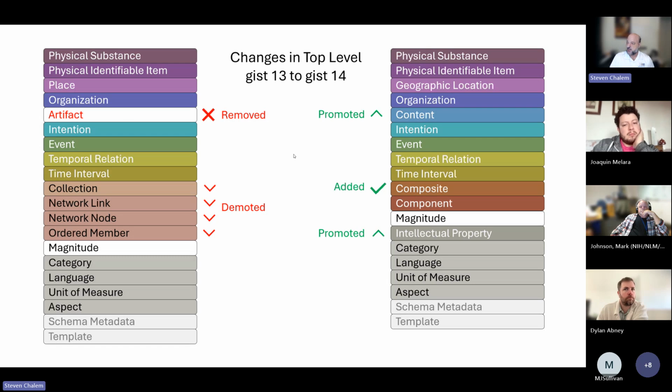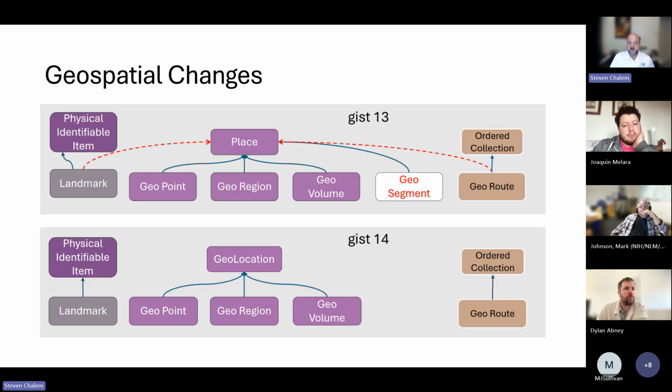The next big set of changes was in the geospatial area of GIST. One lexical change: we changed the name of place to geolocation just to make the naming more uniform, so that everything in this geospatial area begins with geo.